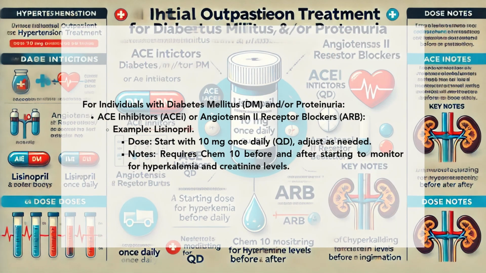For individuals with diabetes mellitus, DM, and/or proteinuria, ACE inhibitors, ACEI, or angiotensin II receptor blockers, ARB. Example, lisinopril. Dose: start with 10 mg once daily, QD, adjust as needed. Notes: requires Chem 10 before and after starting to monitor for hyperkalemia and creatinine levels.